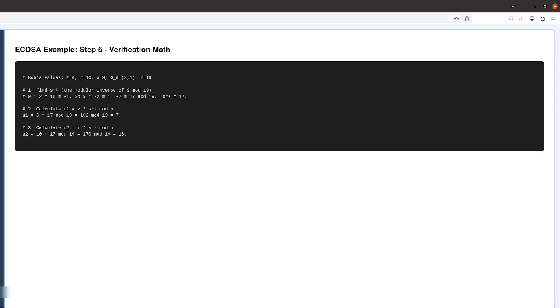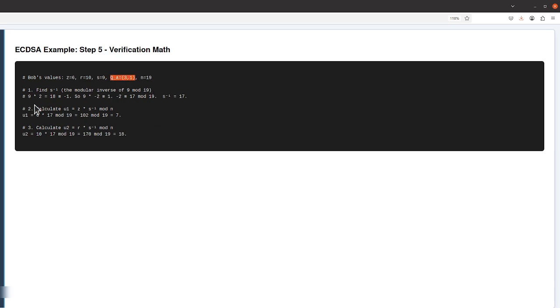ECDSA example, step 5, verification math. Now we get to the verification, which has its own set of calculations. Bob receives the message, hashes it to get Z equals 6, and receives the signature R equals 10, S equals 9. He also knows Alice's public key Q sub A equals 3, 1.